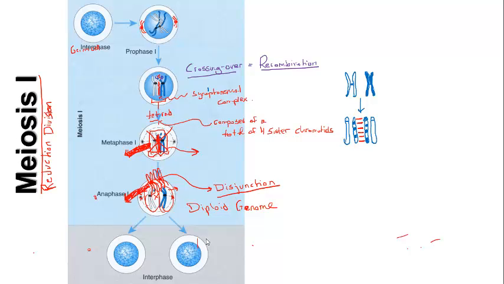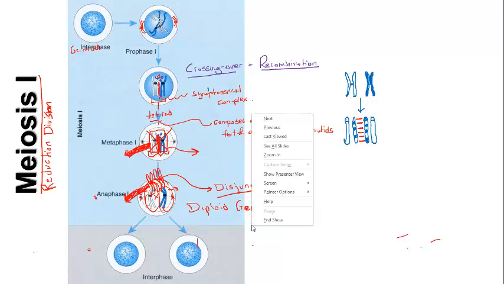When the first meiotic division occurs, there is asymmetric distribution of cytoplasm. As a result, one of the cells resulting from meiosis 1 in the female is very small, while the other is quite large.